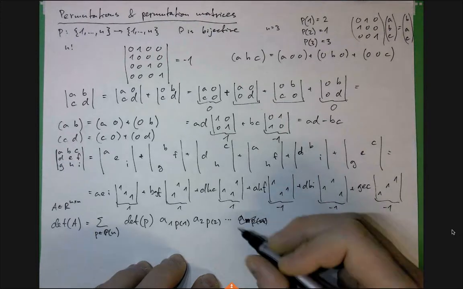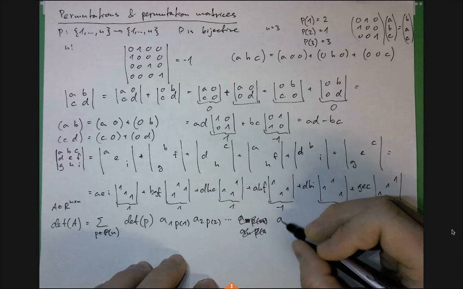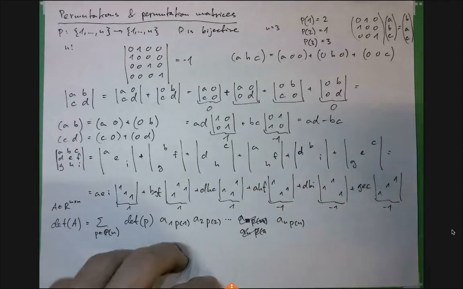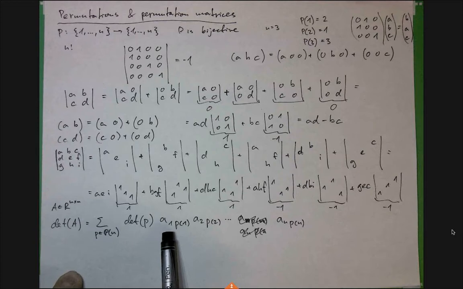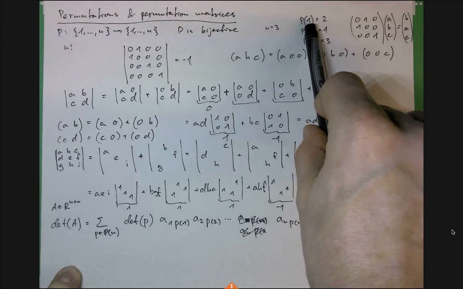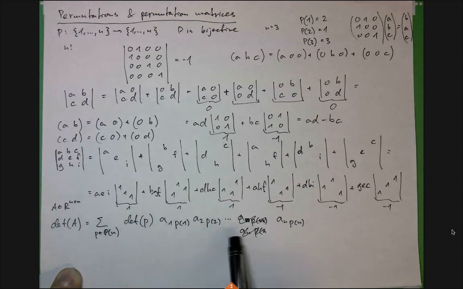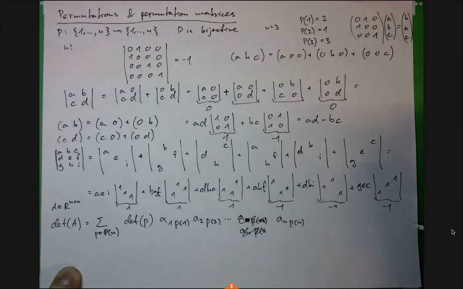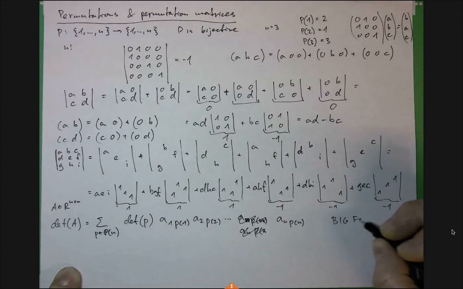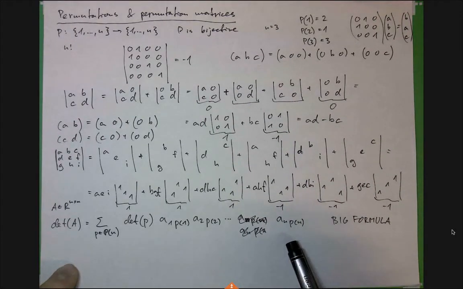So what this means is taking the first row of the matrix and then the element where the permutation sends the first index. This is the action of the permutation on my indices 1, 2, 3, 4 up to n. So this is the big formula, or the explicit formula for how to compute the determinant of an n by n matrix.